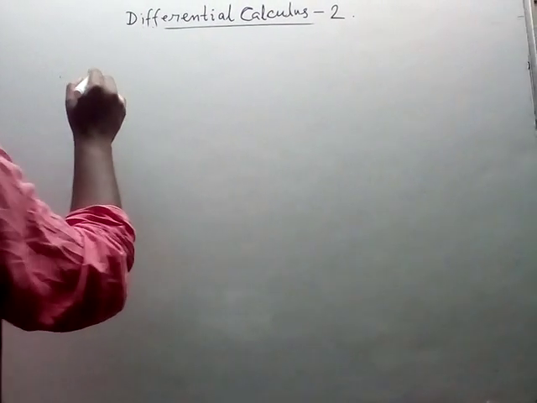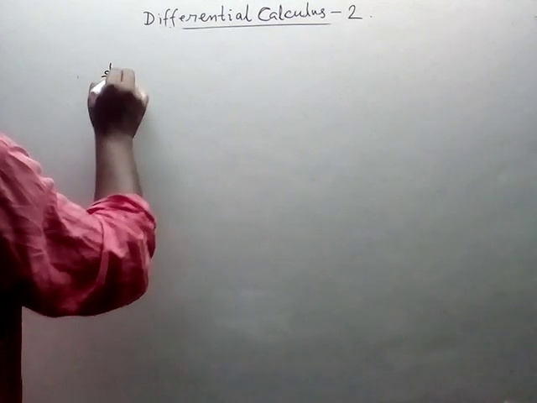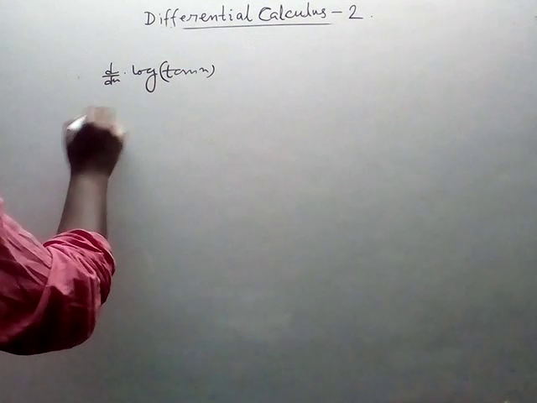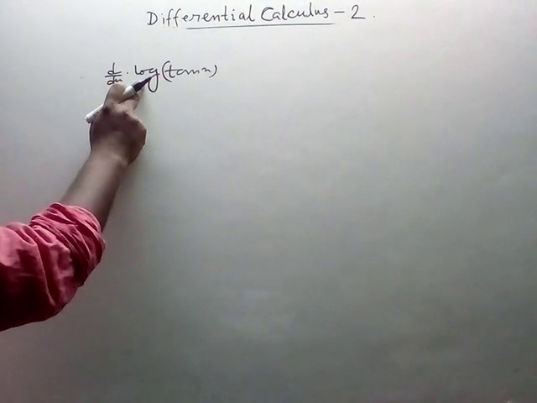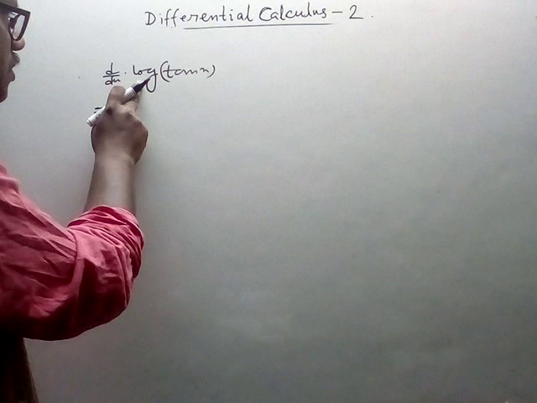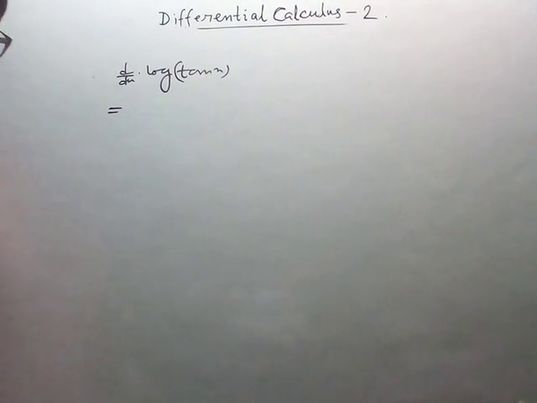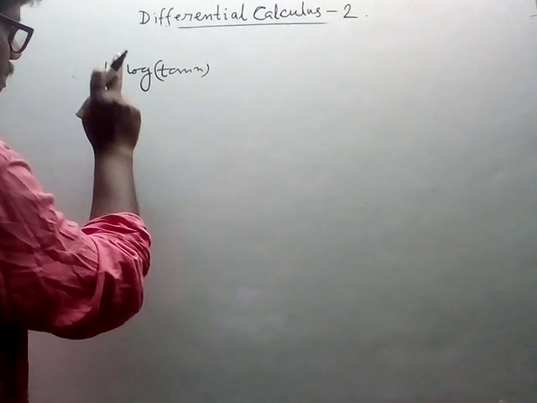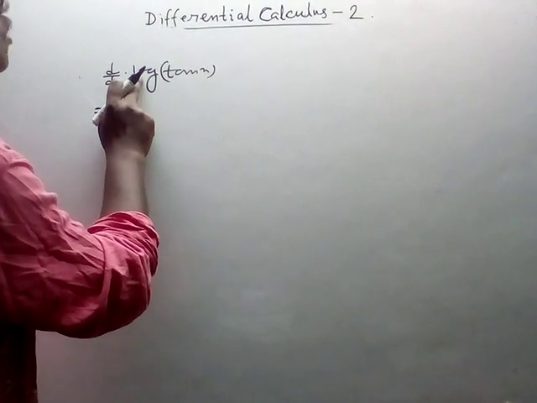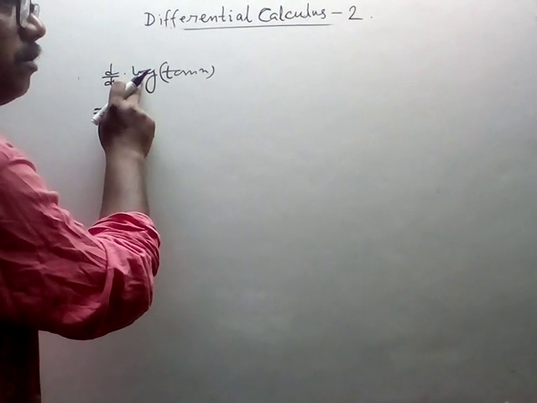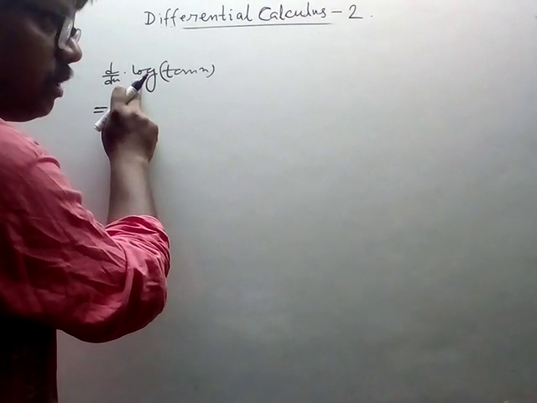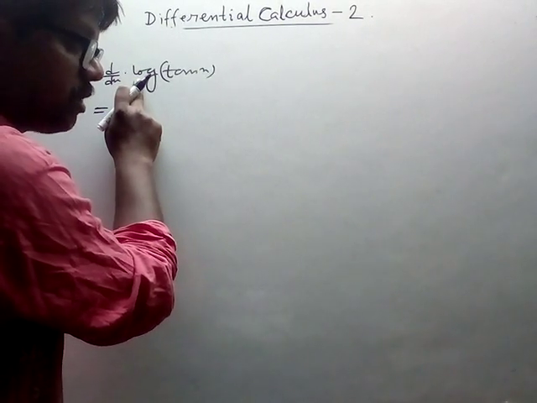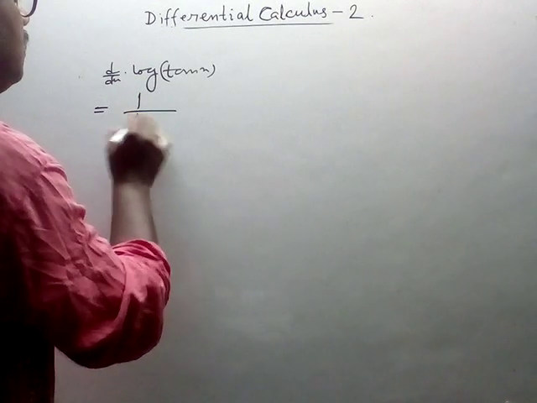Now find d/dx of log of tan x. First we consider the outer function, log. The derivative of log x is 1 by x, so the derivative of log of tan x with respect to tan x is 1 by tan x.